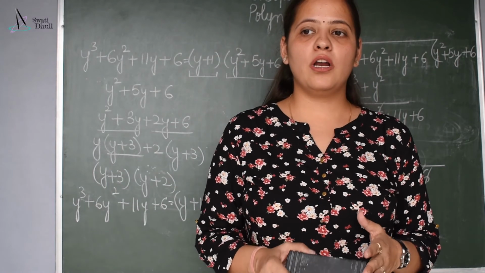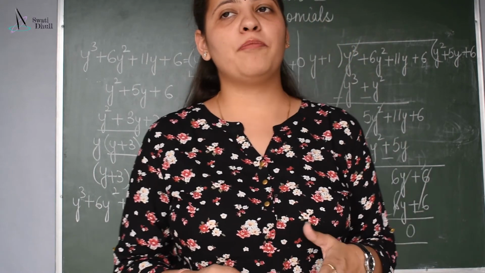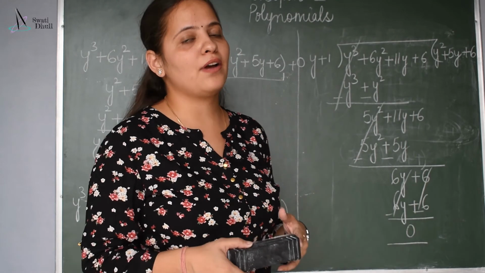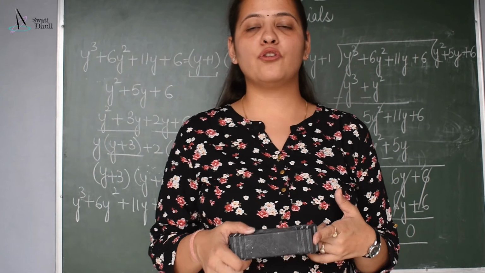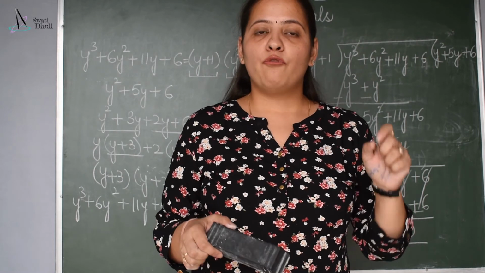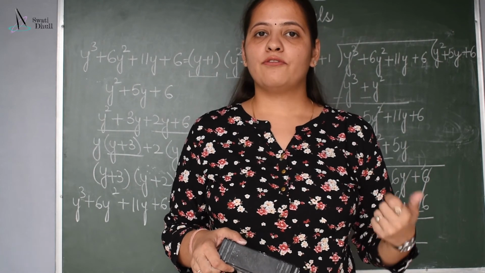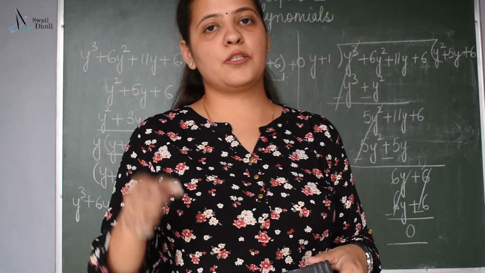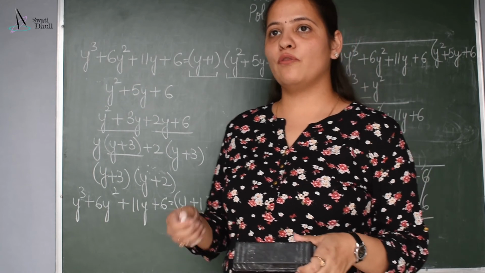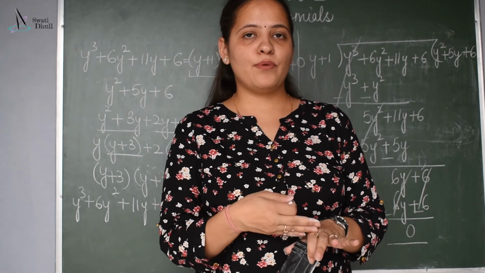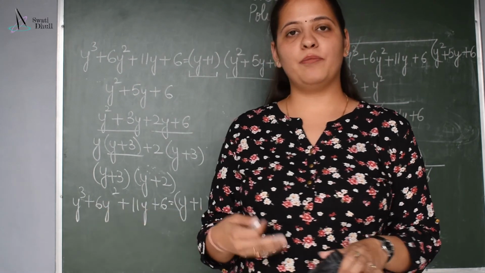First of all, when you factorize a cubic polynomial, you have to use the hit and trial method. In the hit and trial method, you have to see what value you take for the variable so that the value of the polynomial is 0. If you get the value at which the expression is 0, that will give your factor.